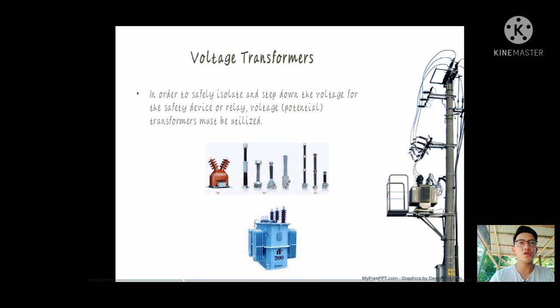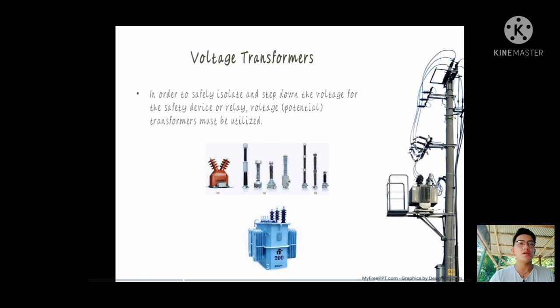Next, the voltage transformer. In order to safely isolate and step down the voltage for a safety device or relay, a voltage transformer must be utilized. The voltage transformer is used to step down the voltage for the safety device or relay.